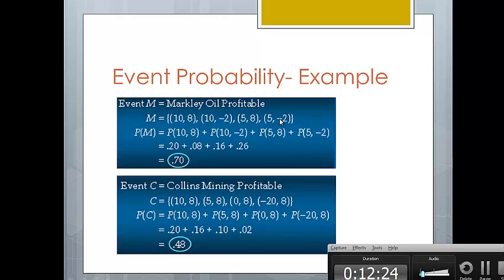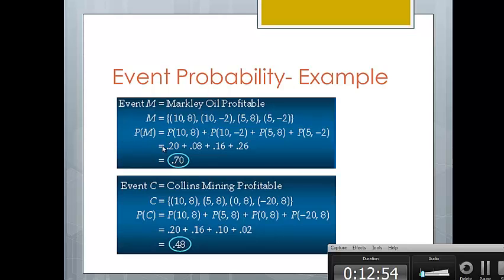Those are all of the potential positive outcomes for Markley Oil. So the probability of those pairs where Markley is positive would be 20% plus 8% plus 16% plus 26%. So the probability that Markley Oil is profitable is the sum of all of the probabilities of the sample points that satisfy that event.